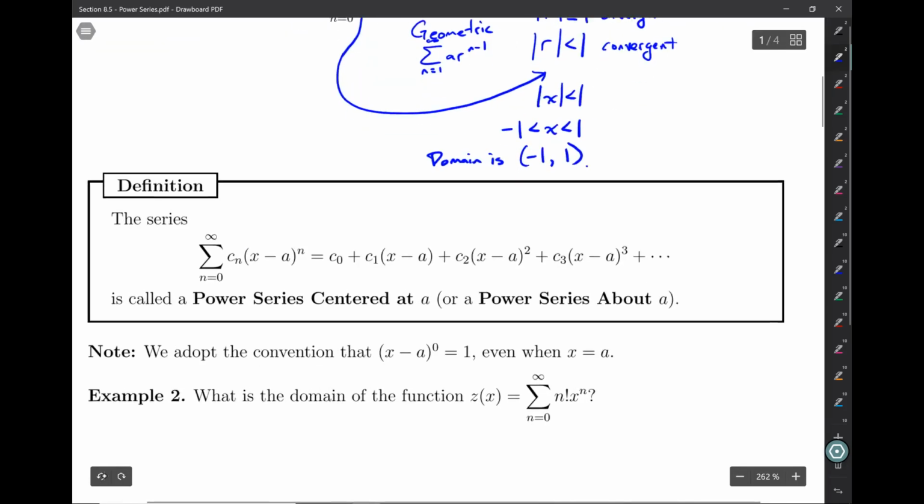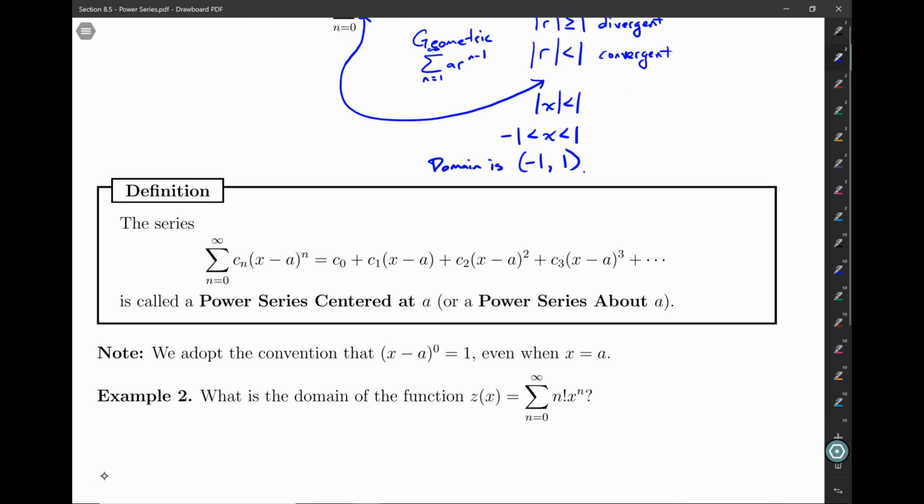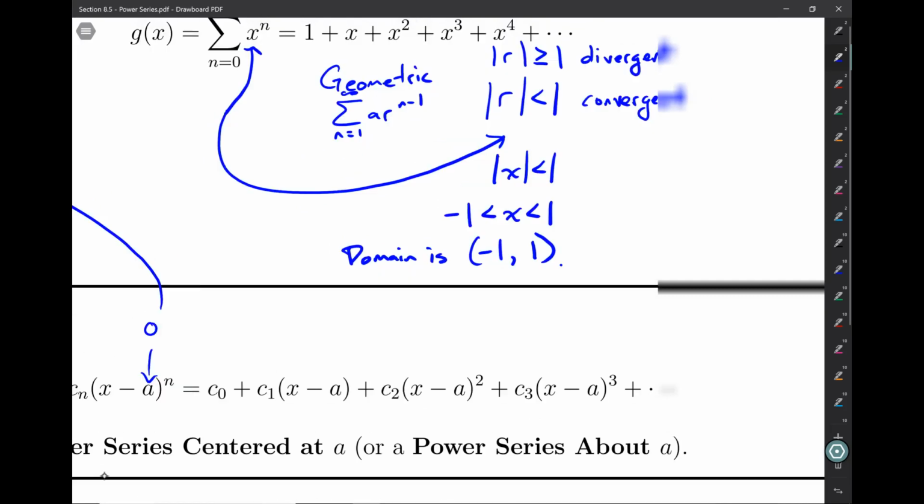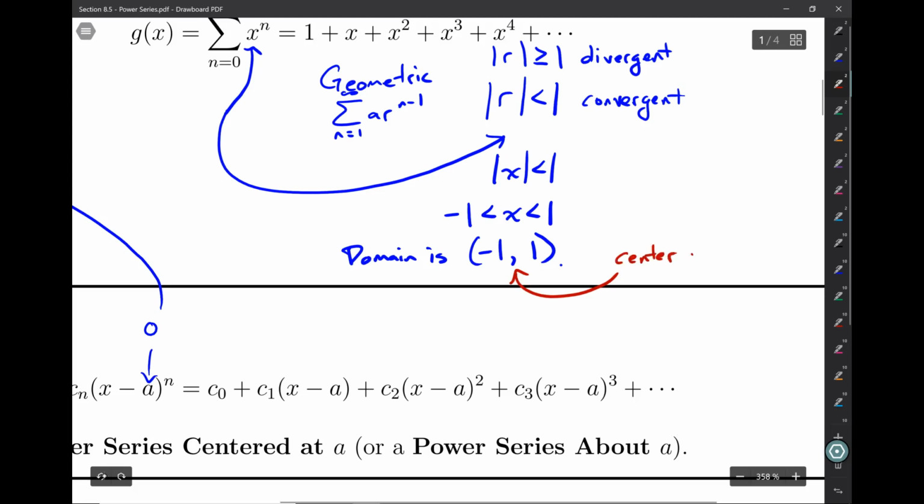So we still have a power series, but instead of our power series being centered at 0, if we take a and replace it with 0, then we would get our power series up here. Instead of our power series being centered at 0, we can center it in some other place. Notice, there's a little bonus: the halfway point between -1 and 1, the center of this interval, would be 0.